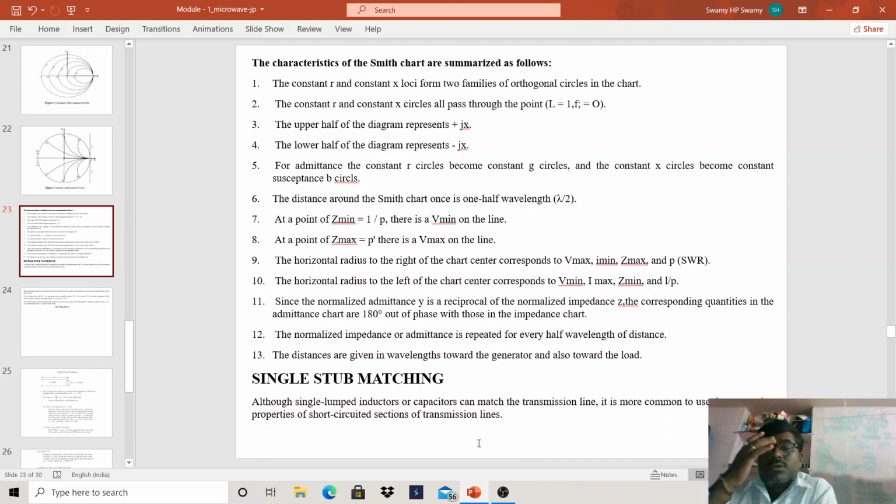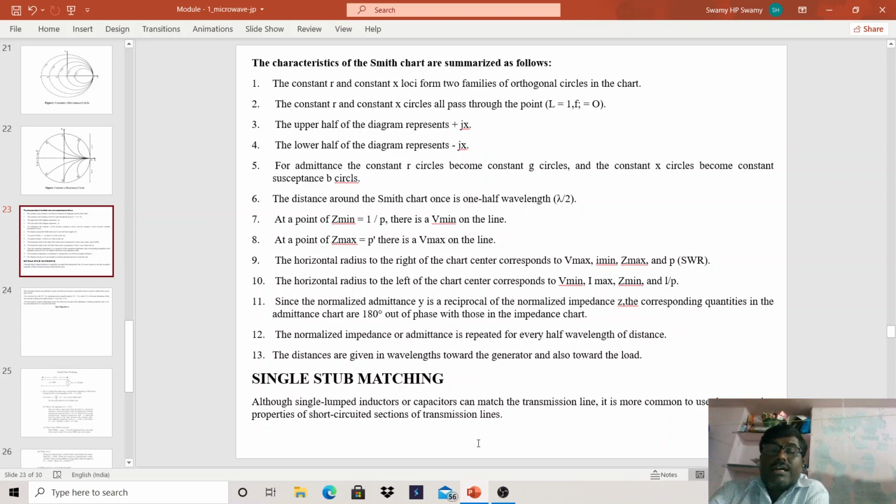Here a single lumped inductor or capacitor can match the transmission line, but it is more common to use the susceptive properties of short circuited sections of transmission lines.